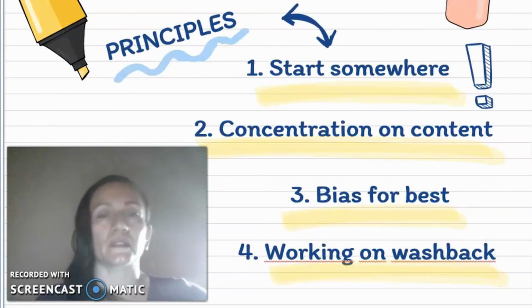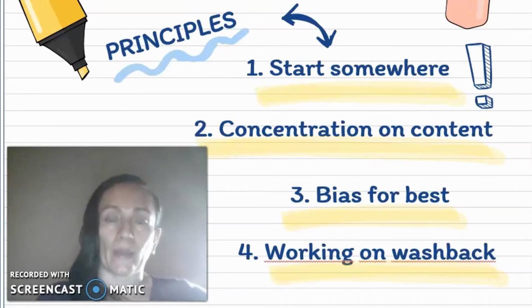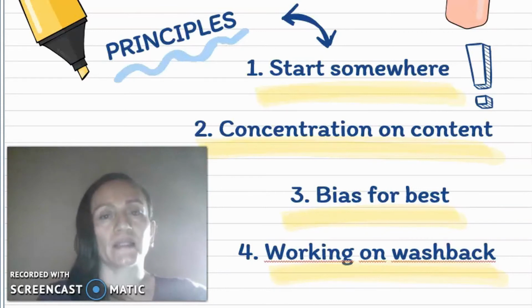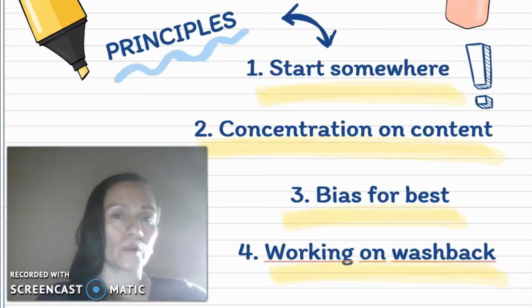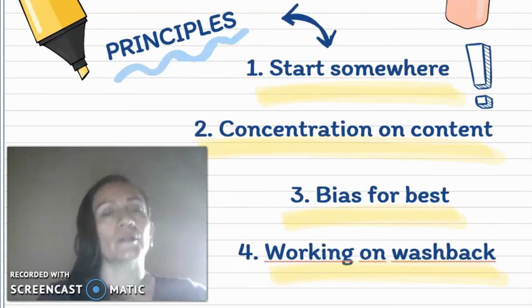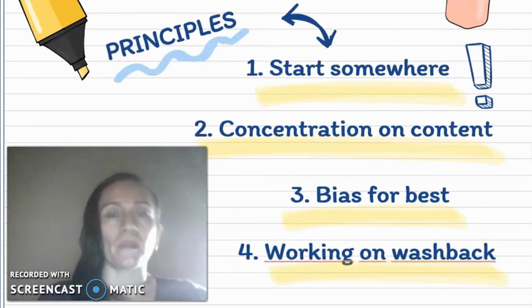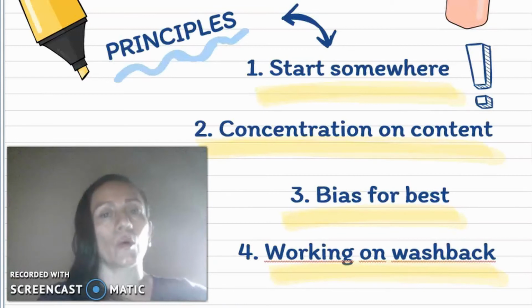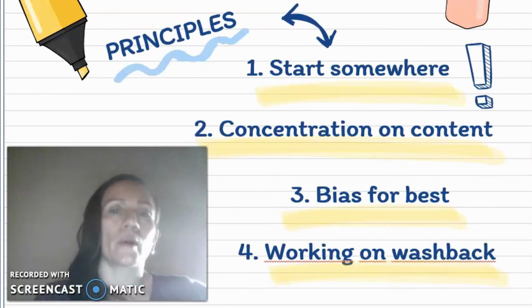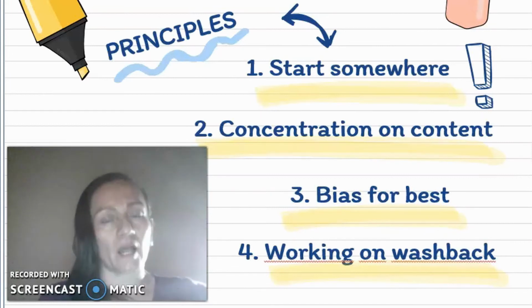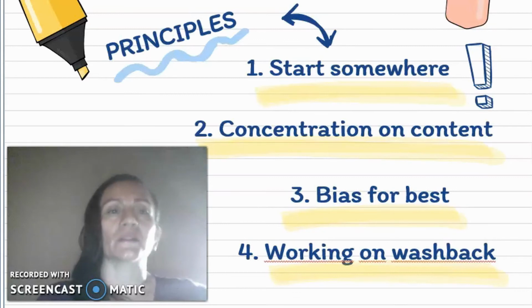The third principle is bias for best, constructing the test in a way that provokes students' effort to solve it without overwhelming them. And the fourth principle is working on washback. Test writers should create clear scoring criteria where course objective and test content are put into consideration.